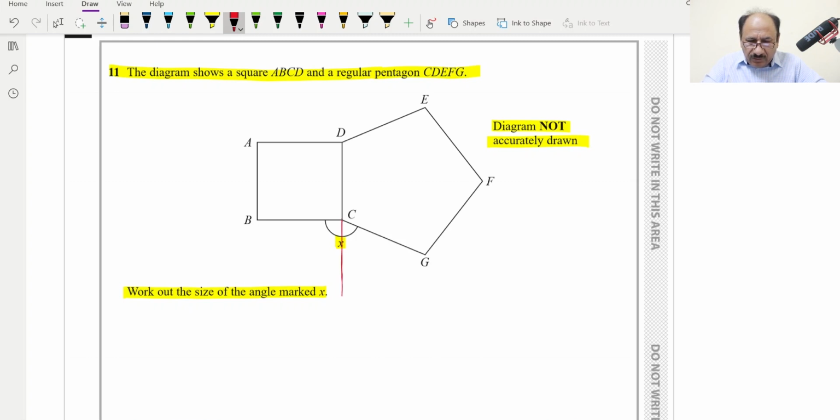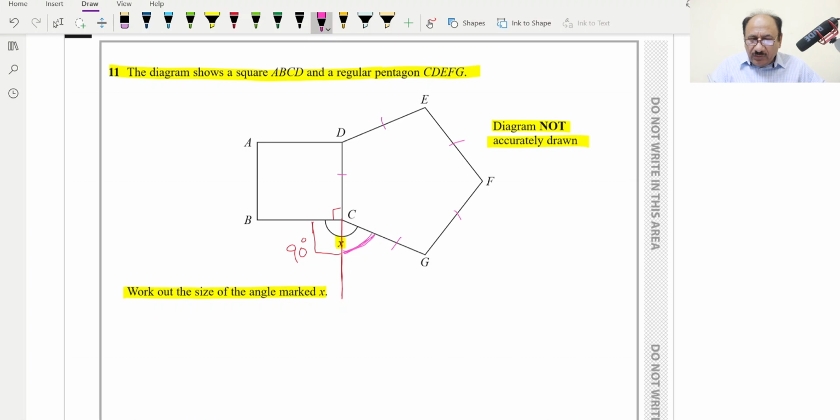This will be the line which we have extended, and we know this angle is 90 degrees. So this angle up to this one will also be 90 degrees. So this side is 90 degrees. So we need the remaining angle, which is this one.